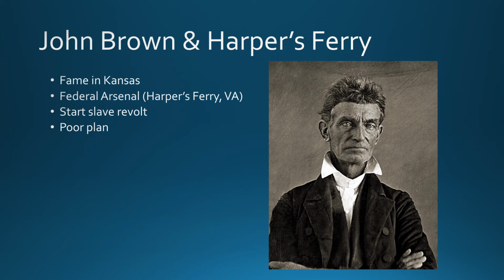And almost immediately when they come in, they are met with some issues as a train pulls in, and then shots were fired, and all of a sudden some of his crew is already killed, and Brown will escape and seek refuge in the arsenal as the troops go after this crew for literally trying to take control of the arsenal.